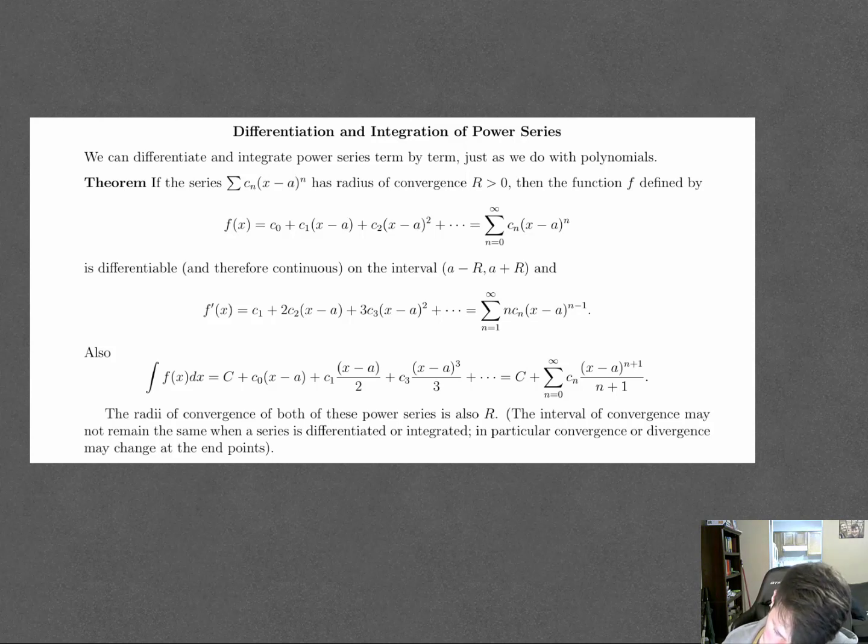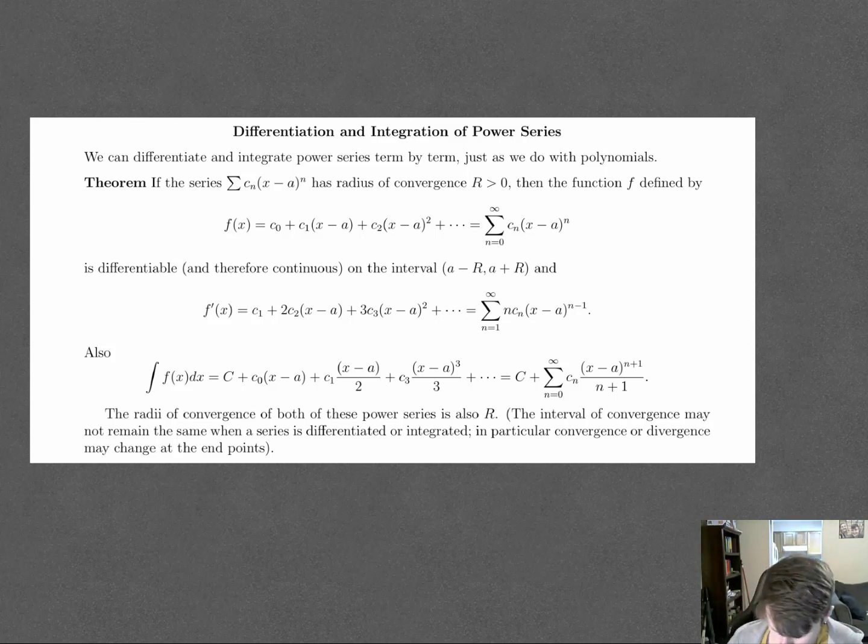So, what is this? This is pretty much that if you have a power series that converges on an interval and you want to differentiate it, you can differentiate it term by term. And then the second part says that if you want to integrate it, you can integrate it term by term, and you pick up this constant of integration. Okay? So again, if you want to differentiate or integrate power series, you do it term by term.